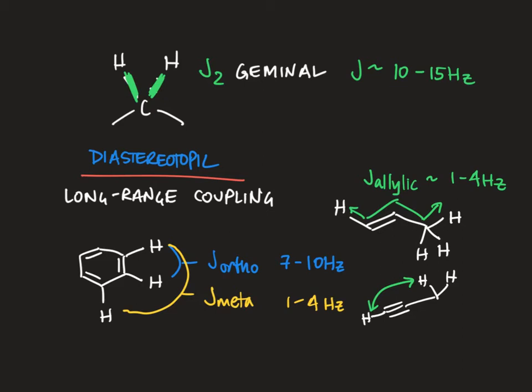Now, there's one other special case that I do want to describe, and that's again when we're dealing with long-range coupling. There are weird cases in rigid systems, and I think we might not see this quite yet. There might be some problems that we deal with where we see this. When you have an aliphatic system, we don't typically see a long-range coupling when we have just sp3 hybridized carbon.